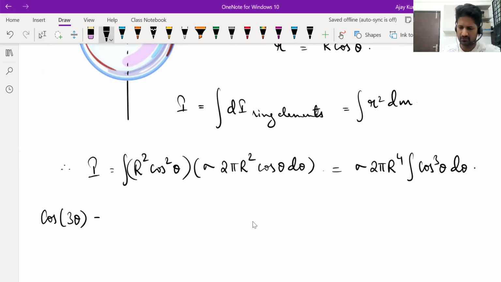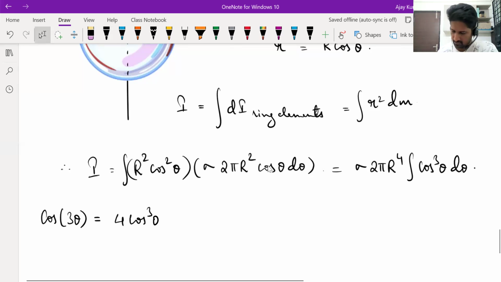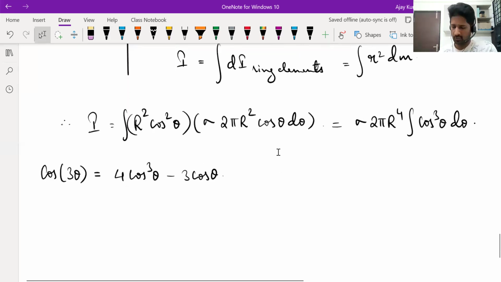That much trigonometry, I think you should have studied by now in 11th class. Cos 3 theta. Four cos cube theta minus 3 cos theta. Correct. So if you ever need to integrate cos cube theta, you can make use of this formula.